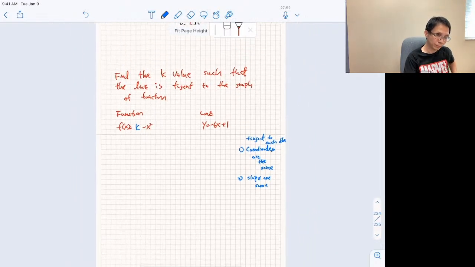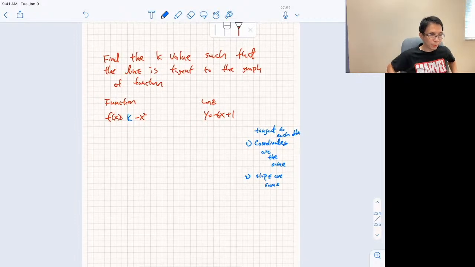Find the value k such that the line is tangent to the graph of the function. So that means they're going to be tangent with each other.